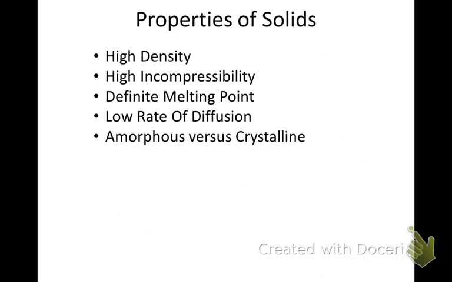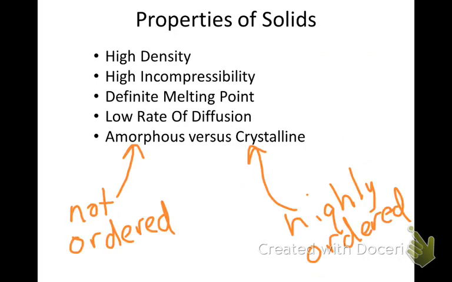That word amorphous sort of means without order or without shape. Crystalline is highly ordered. So one way to think about this is amorphous means not ordered, and crystalline means highly ordered.